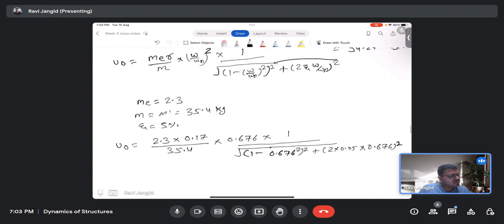So if I do that, what will be my RD first? 1 over 1 minus 0.676 square plus 2 into 0.05 into 0.676 square. So my RD is coming to be 1.827, and this one is 2.3 into 0.17 into 0.676, divided by 35.4.